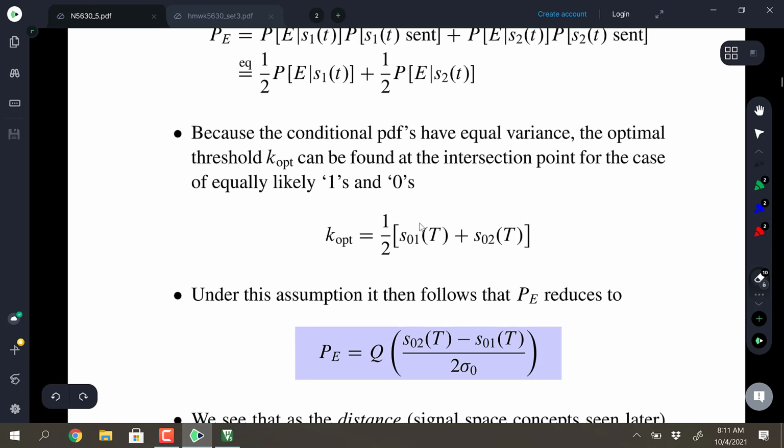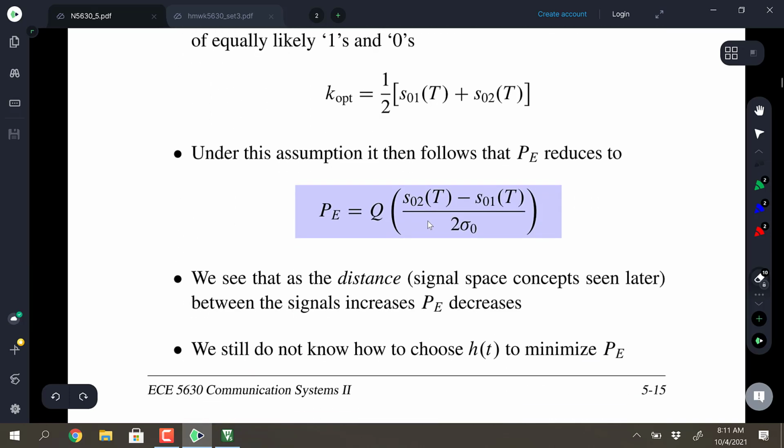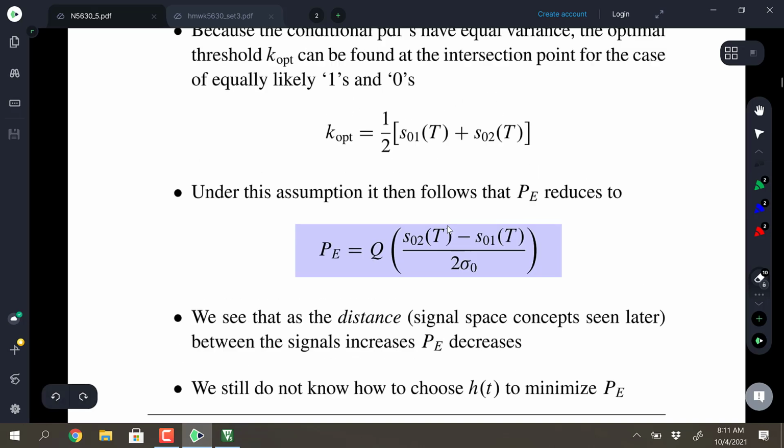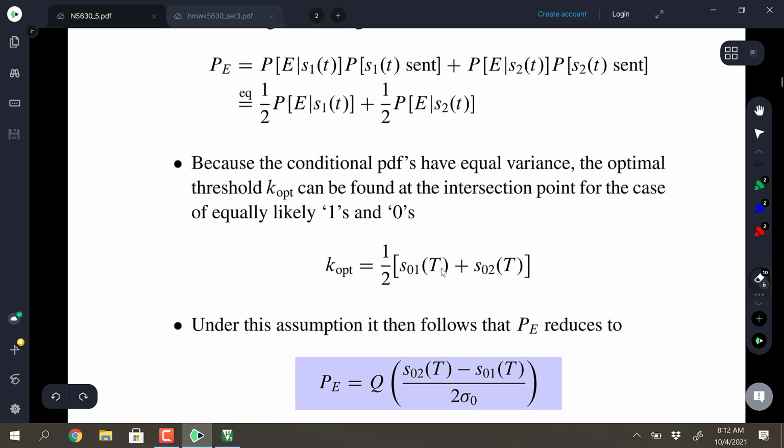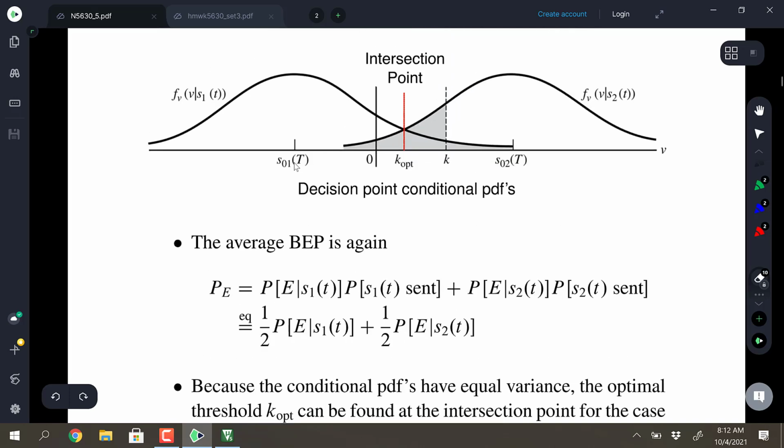So we did that and said that if it is truly Gaussian, which in the linear filtering model we'll have Gaussian statistics, and then we'll have the Q function. Under equally likely cases, the threshold will be at the midpoint between these two conditional values, which are also called conditional means.